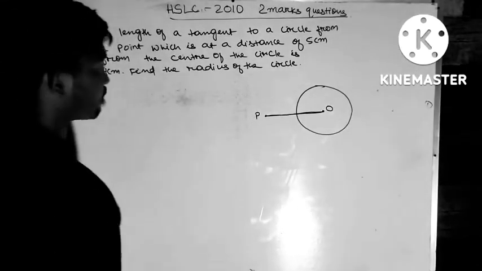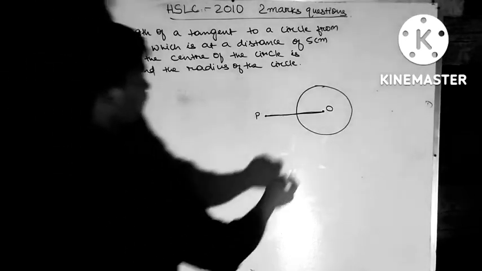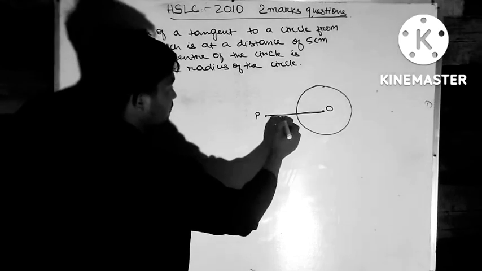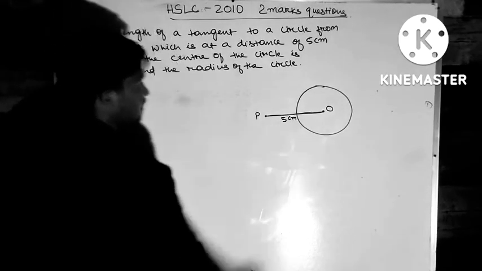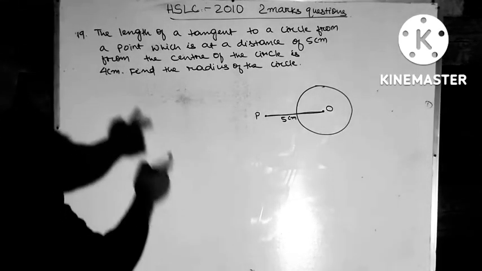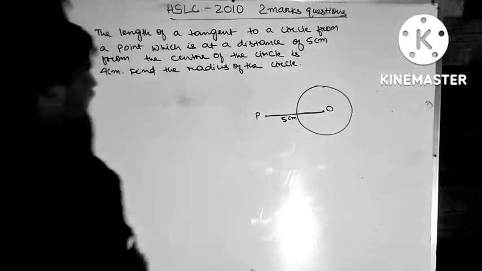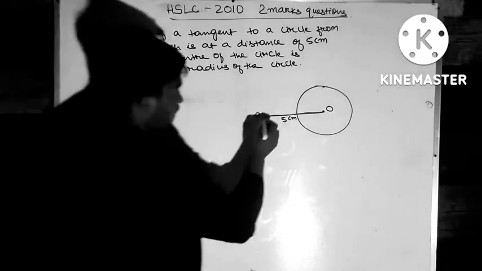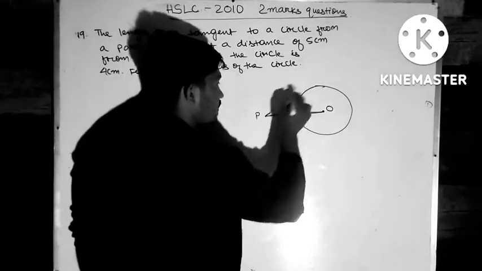This point P is at a distance of 5 centimeters, and from this point there is a tangent. Let's say this is the tangent.